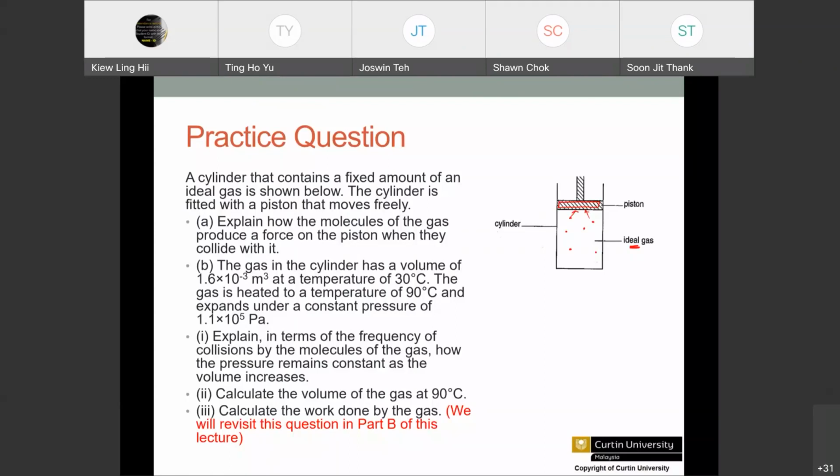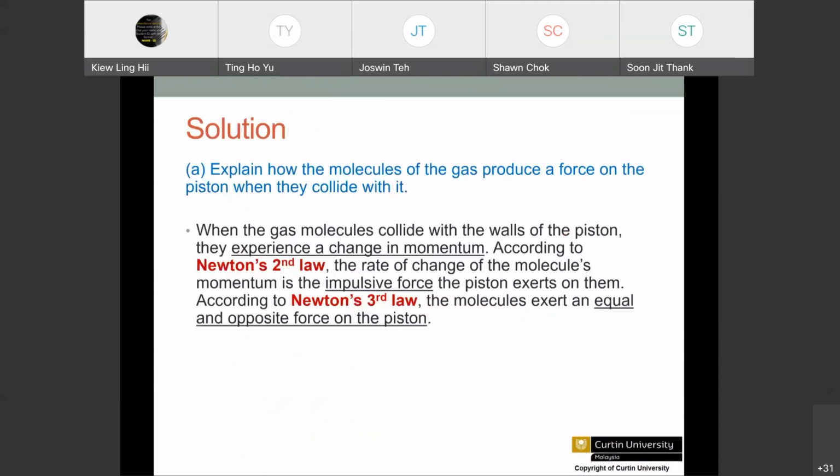So look at the explanation. It is due to Newton's second law and third law. It's not mentioned in our topic 1, but you learned it in your semester 1, or this is just for your information. So when they collide with the wall or piston, what will happen? According to Newton's second law, they experience a change in momentum.